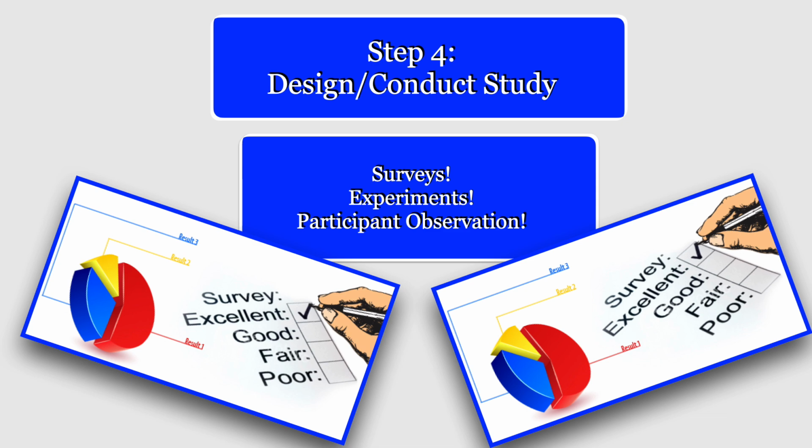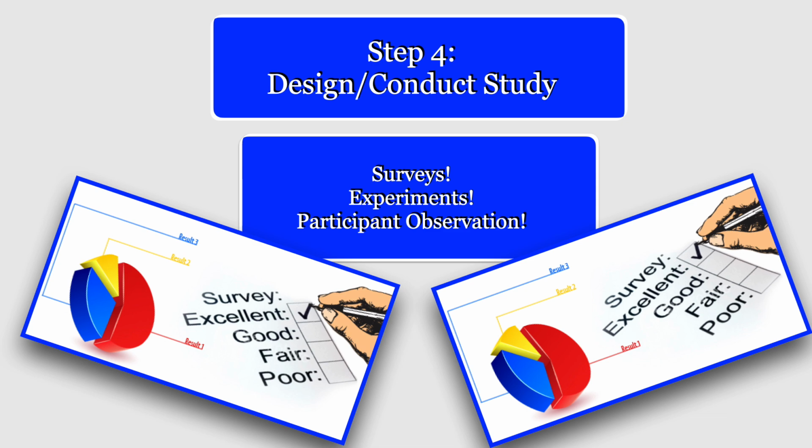We participate with that group and we observe their behaviors and we draw conclusions based on what we are observing. Participant observation can be a bit more subjective than surveys and experiments, but nonetheless, if we are focused on objective observing, we can get some really good information about the group of people we're studying.